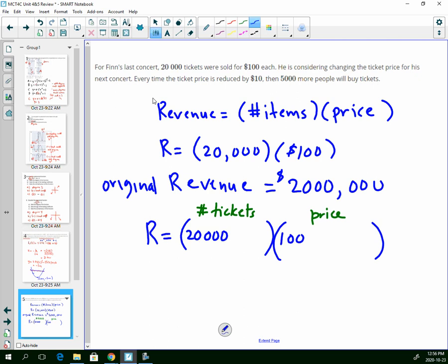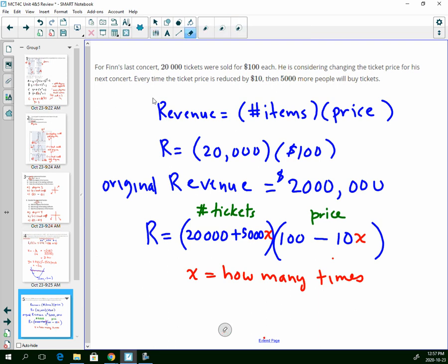We're reducing it, so minus $10, and that means 5,000 more people would come. And then we put X, so X represents how many times we're going to do that. Okay, that's what your variable is representing. How many times am I going to change the price?